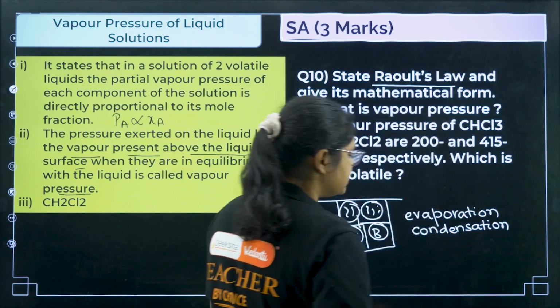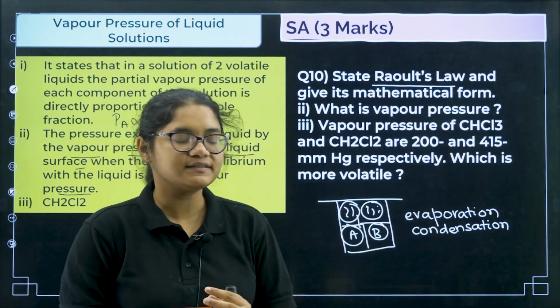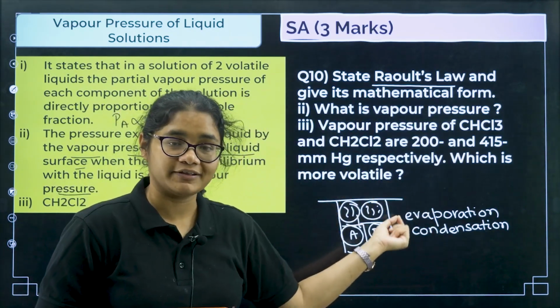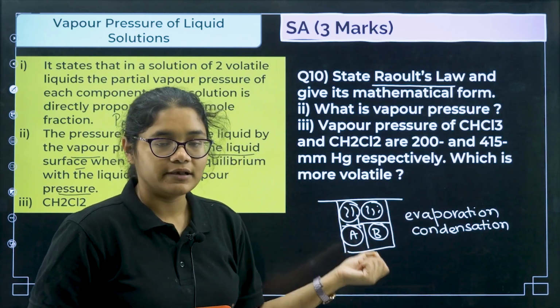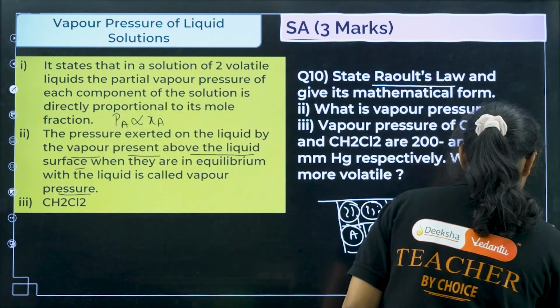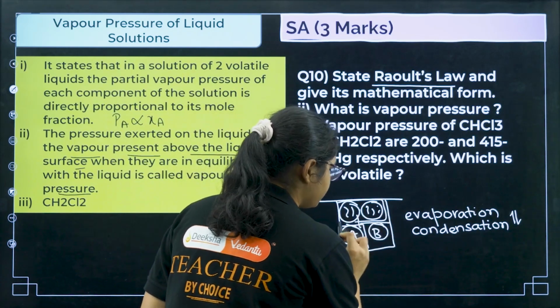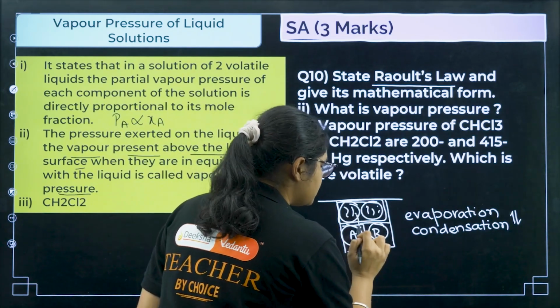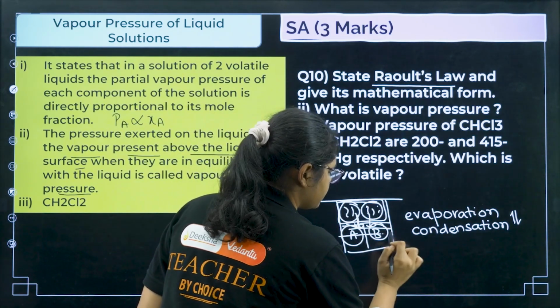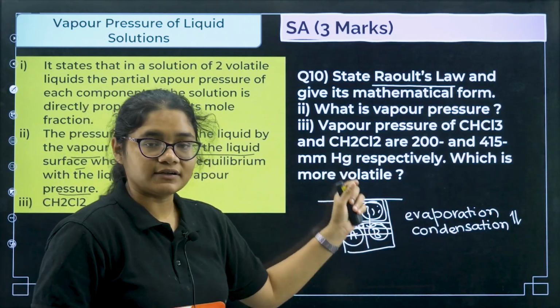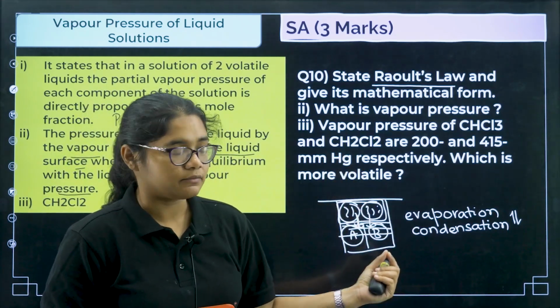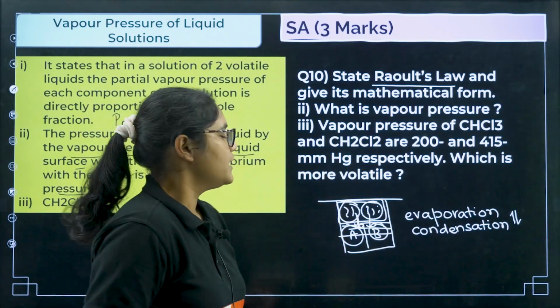So one molecule is going to the vapor phase, another molecule is coming to the liquid phase. When these two processes are at equilibrium with each other, whatever vapor is present here exerts a pressure on this liquid surface.